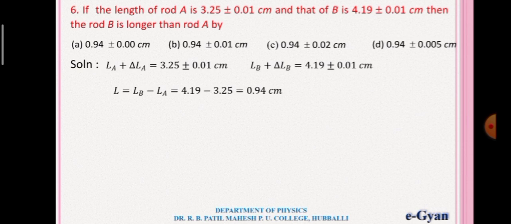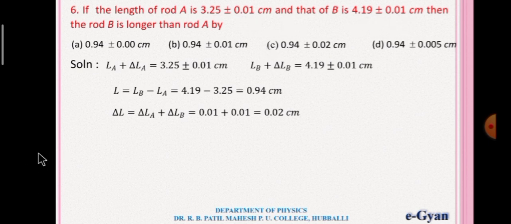Okay, now this value is present in all the options, therefore we have to find the value of error. Then the error in the result is equal to delta L is equal to delta LA plus delta LB. Here delta LA is 0.01 and delta LB is 0.01.